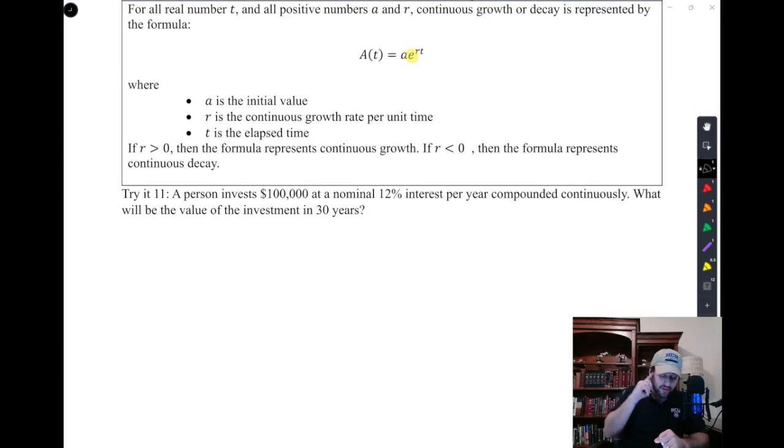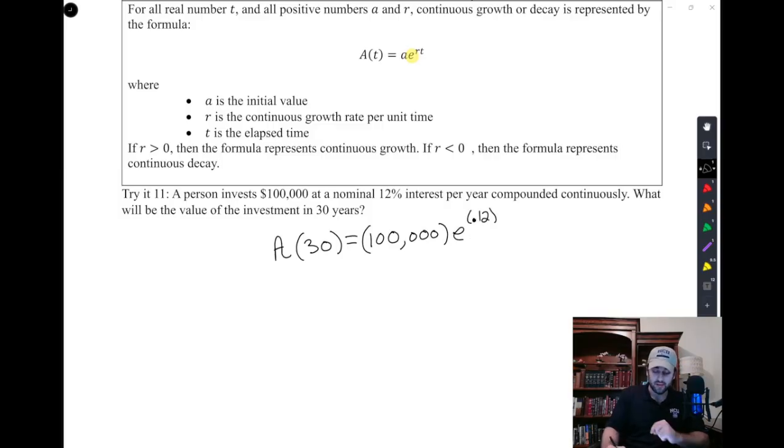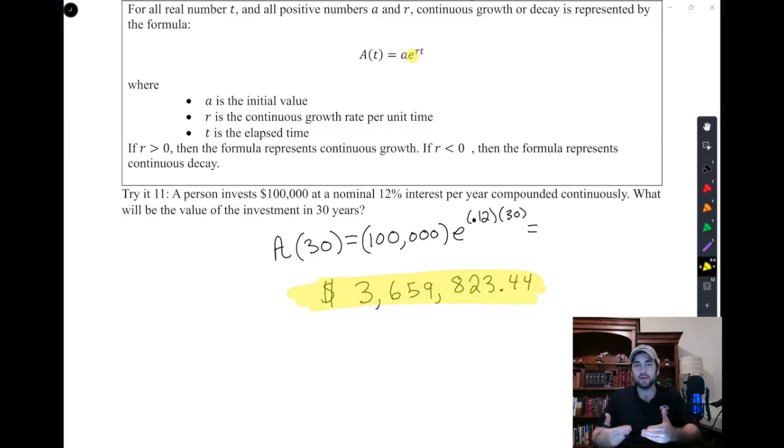And he said, okay, now if you invest $100,000 for 30 years, and your initial investment is A, or your principal, $100,000, and you invest it at a rate of 0.12 again, and you invest it for 30 years, now your investment is worth, I'll type this in a calculator again, $3,659,823.44.